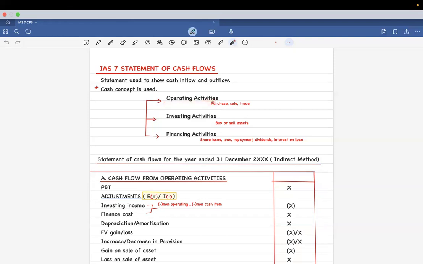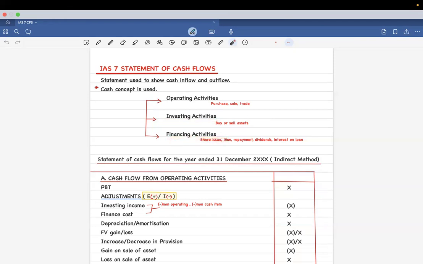The second mainly deals with buying and selling of non current assets, hence the name investing activities. Third deals with your debt and the capital invested, hence the name financing activities.